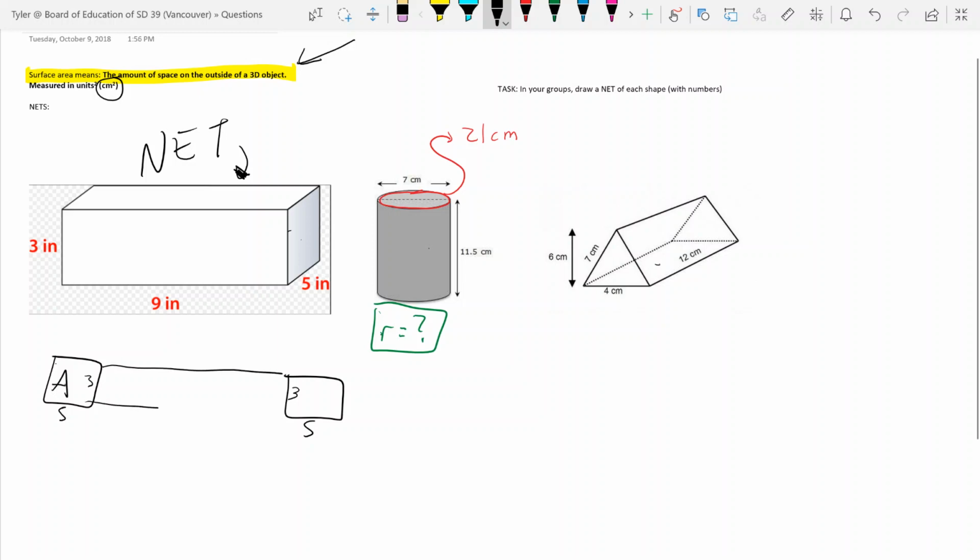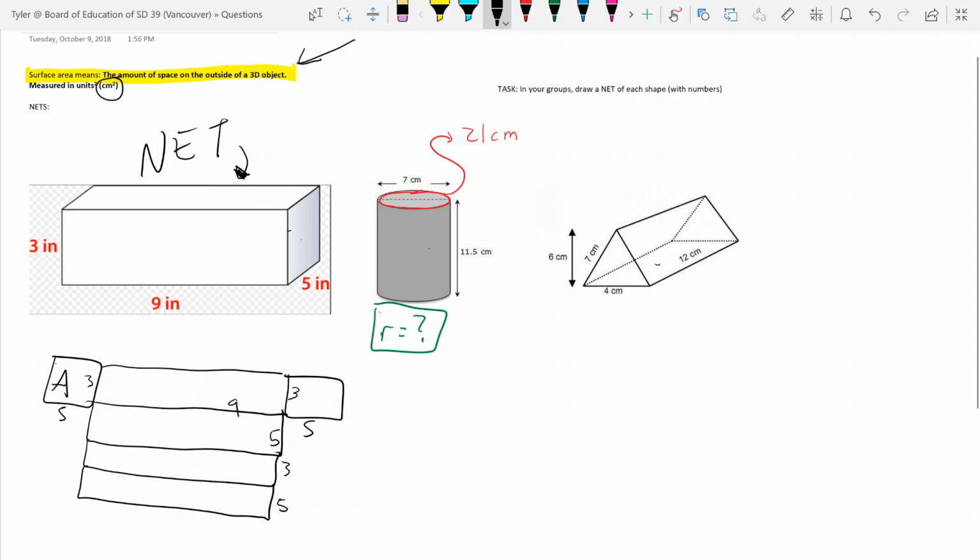Then there's the rectangle that connects them in the middle. That's going to be 9 by 3. And then there's the next side, which would be the base in this case, which is still 9, but by 5. Then there's another one of these, 9 by 3. And then there's one more, 9 by 5 as well.